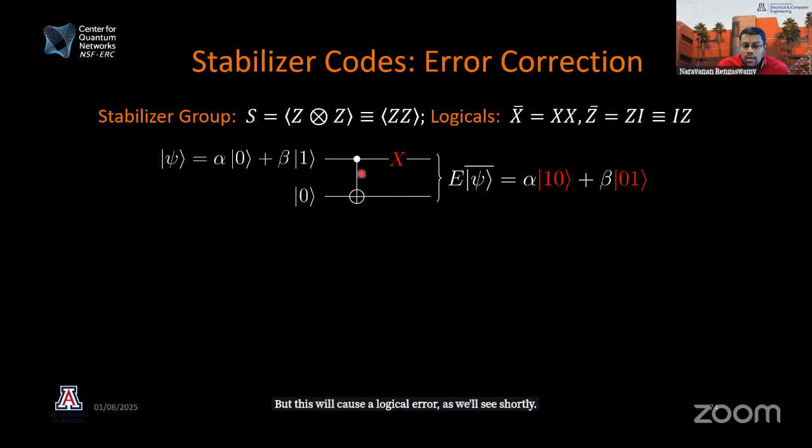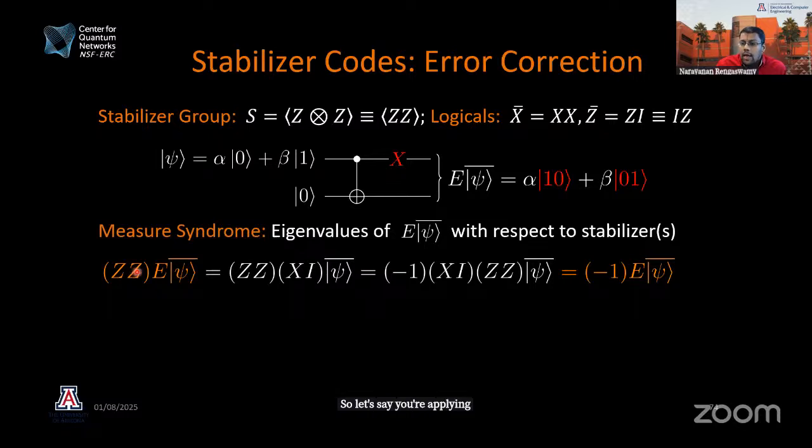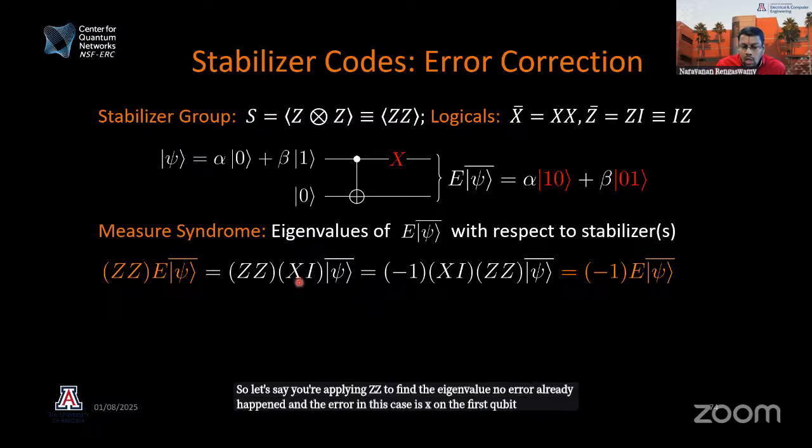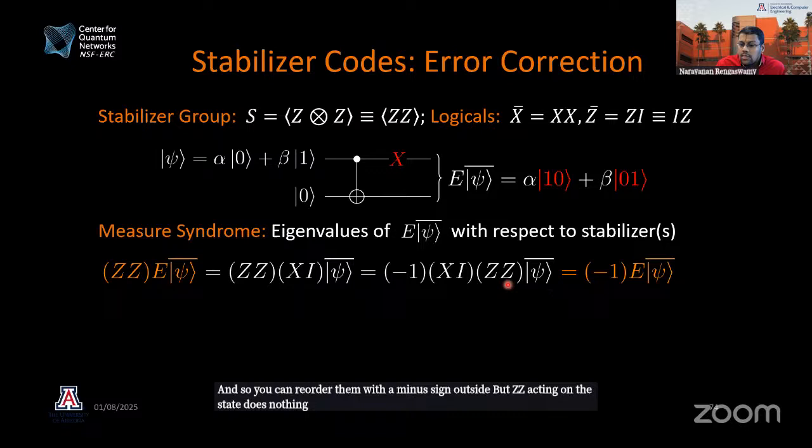So here is the circuit. After, say, the encoding, let's say an X error happened, it changes the state. When you measure the syndrome, here is what happens. Let's say you're applying ZZ to find the eigenvalue. An error already happened, and the error in this case is X on the first qubit. We know that ZZ and XI anti-commute, so you can reorder them with a minus sign outside. But ZZ acting on the state does nothing because ZZ is a stabilizer.